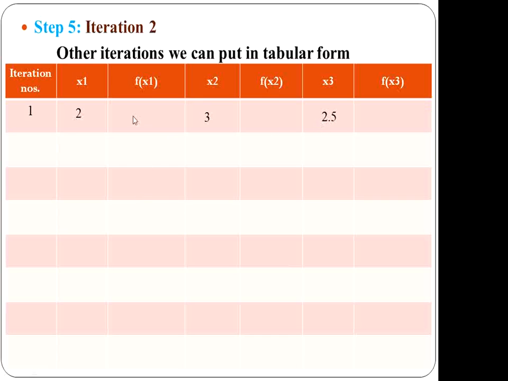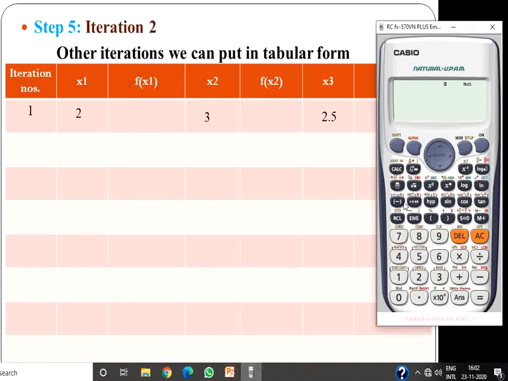So how will you get function of x1 on the calculator? We can write alpha x, then shift x cube, so x cube. Then you can write minus 4 alpha x minus 8.95.